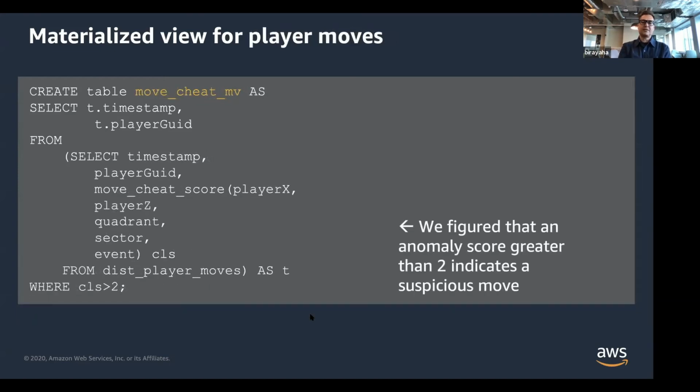For the move, it's fairly the same thing, but as you can see here, we query the model for the move cheat score, the player Z, quadrant, sector, and event. But in this case, we chose to get only the transactions classified above 2. Why 2?